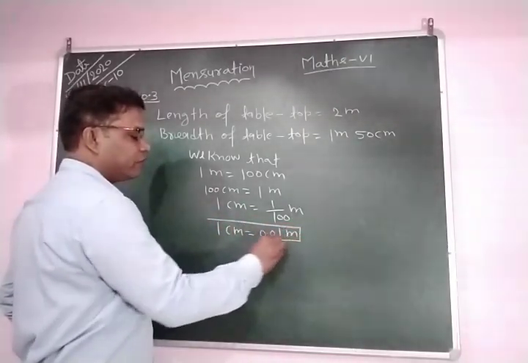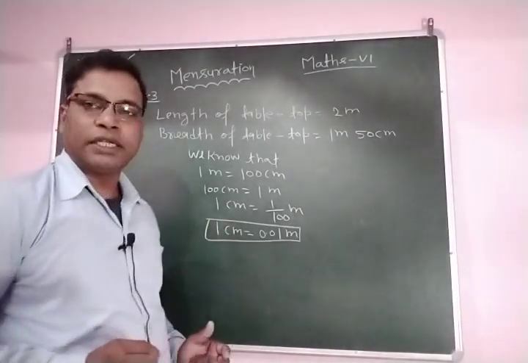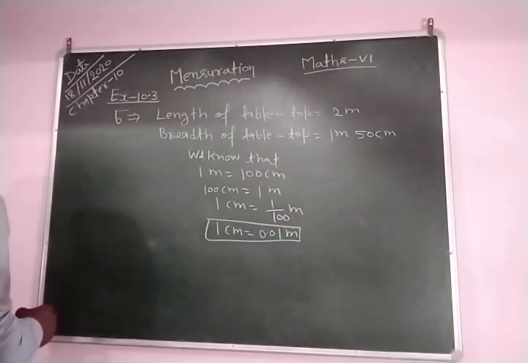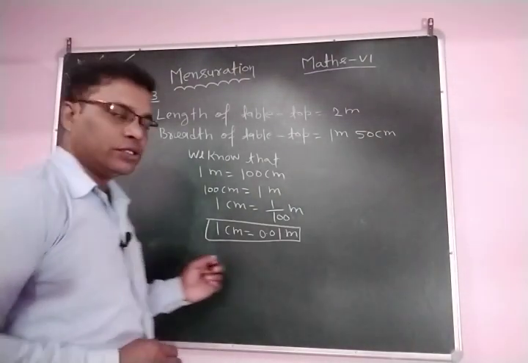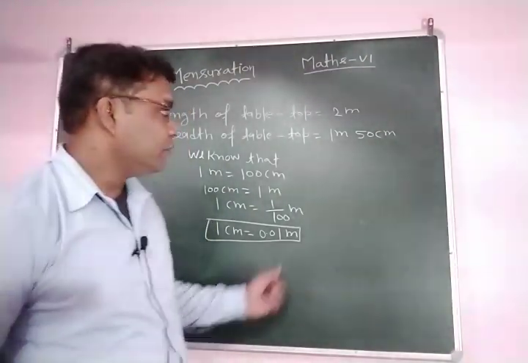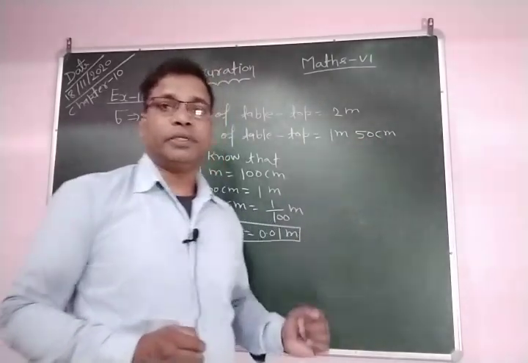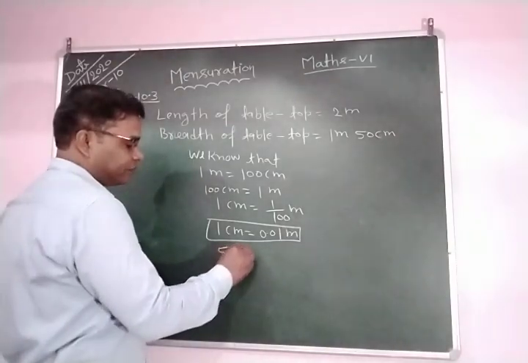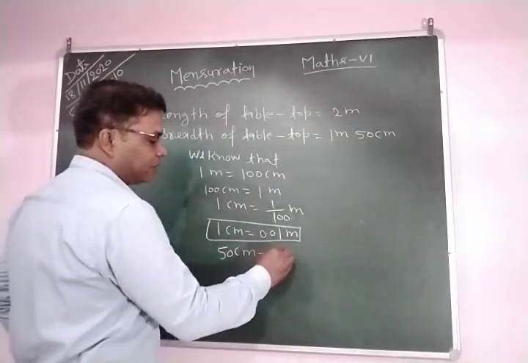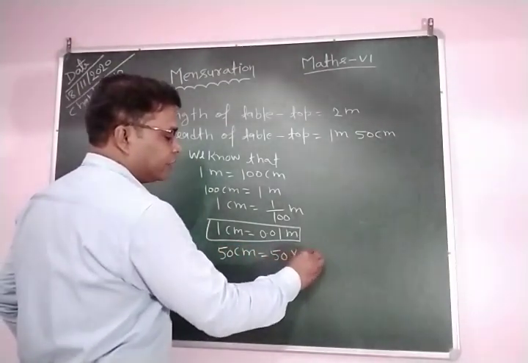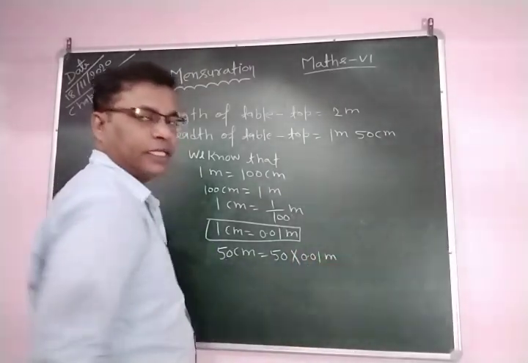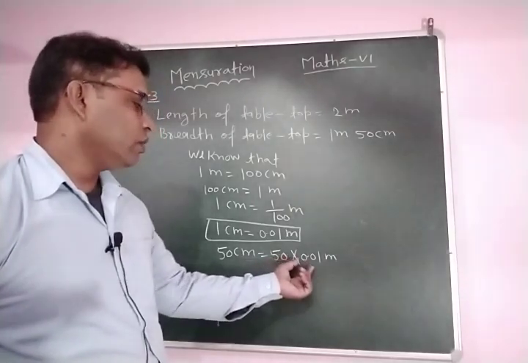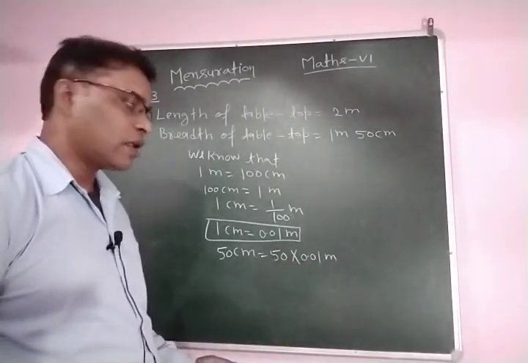This is the relation between centimeters and meters. You can say 1 centimeter is equal to 0.01 meter. But here we have 50 centimeters. So 50 centimeters is equal to 50 into 0.01 meter.